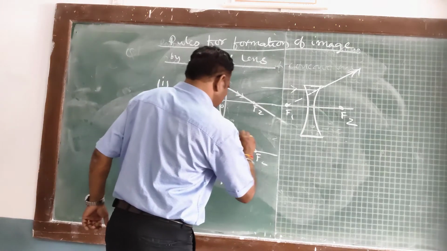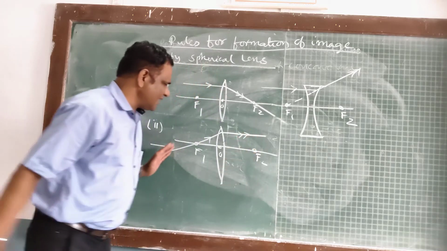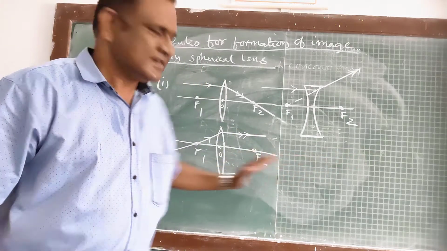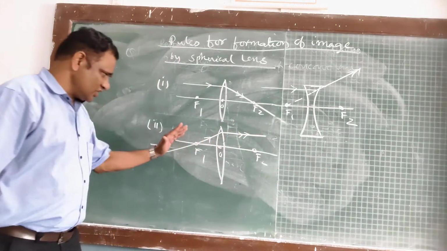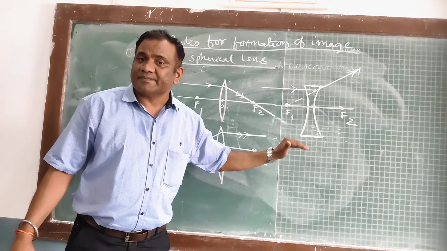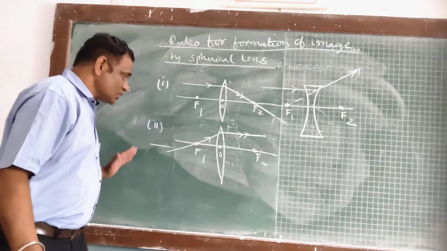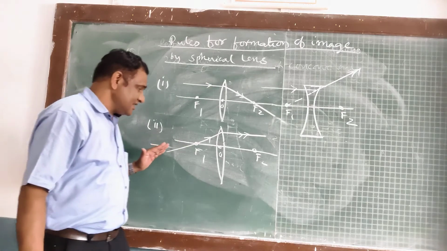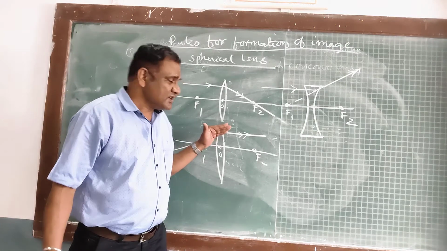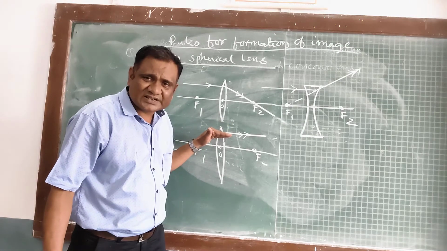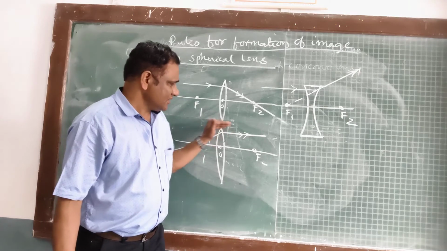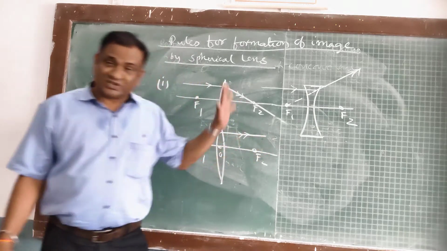The ray will become parallel to the principal axis after refraction. So the rule says, if the incident ray passes through the focal point and is incident on a convex lens, after refraction, the ray will become parallel to the principal axis.